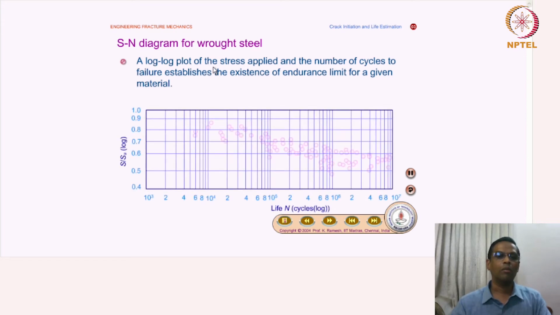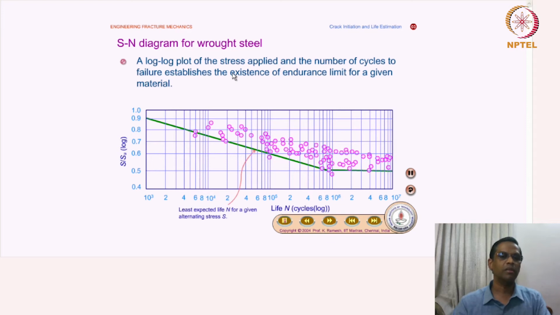A log plot of stress applied and the number of cycles to failure establishes the existence of endurance limit for a given material. So this is a stress versus number of cycles to failure, which is plotted in a log plot.